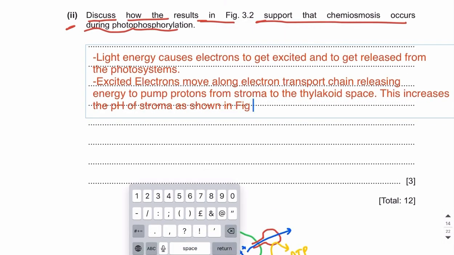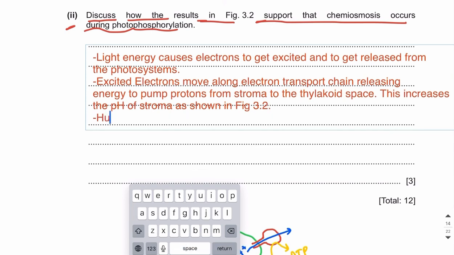Then we can say hydrogen ions or protons diffuse back into the stroma through ATP synthase, producing ATP.